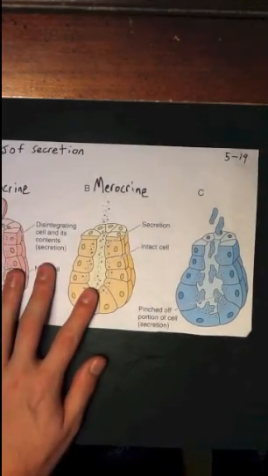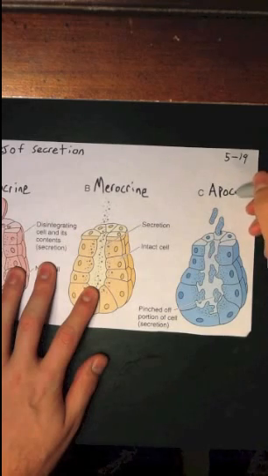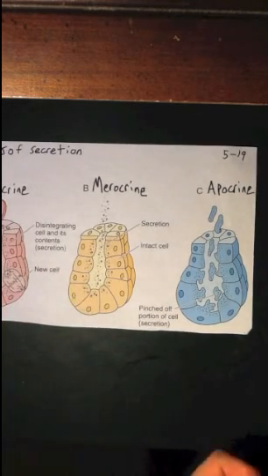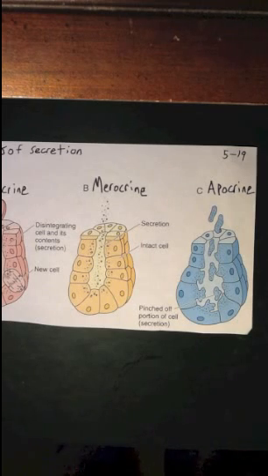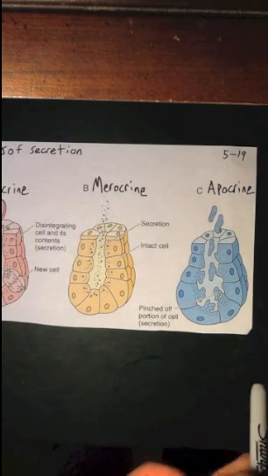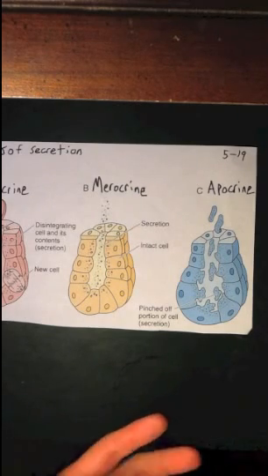Now this third form here is called apocrine. In apocrine, you will have the cell blebbing off parts of its cytoplasm, which will carry the contents of whatever's being secreted. So there's this pinching off. There's loss of cytoplasm, but the cells themselves don't die.